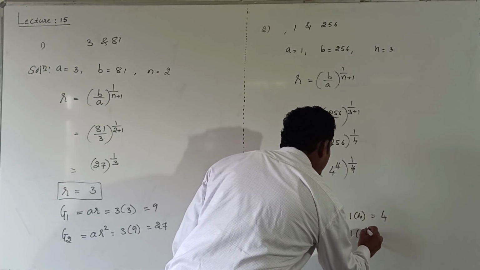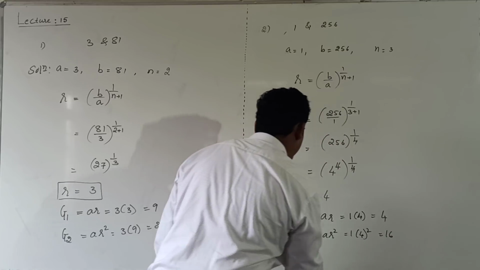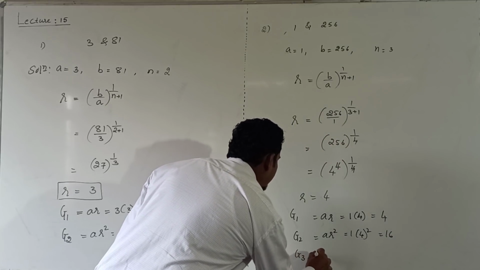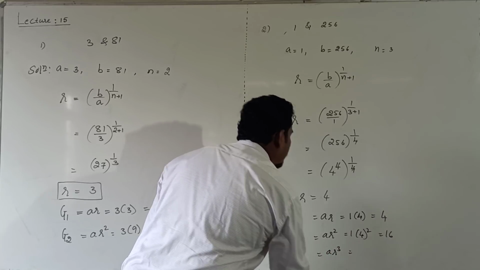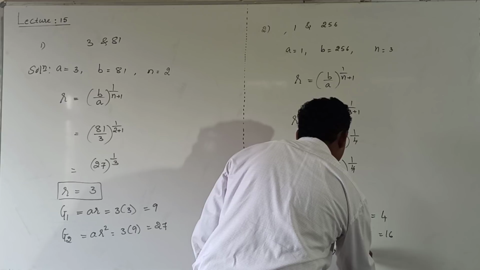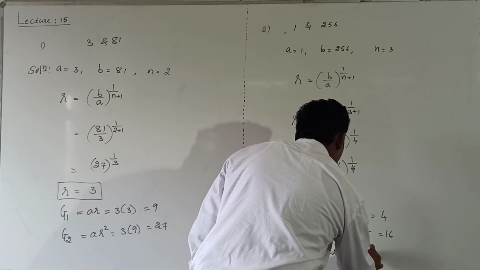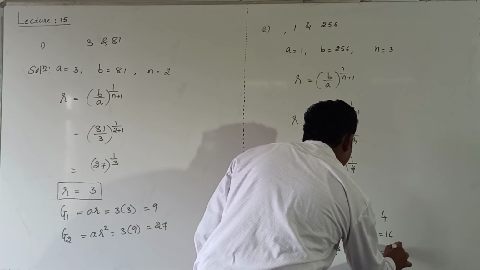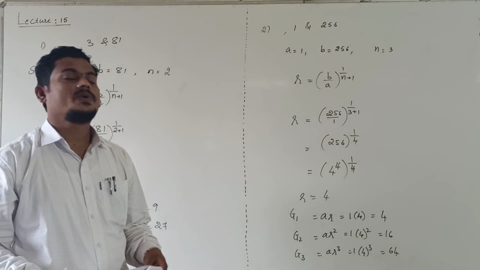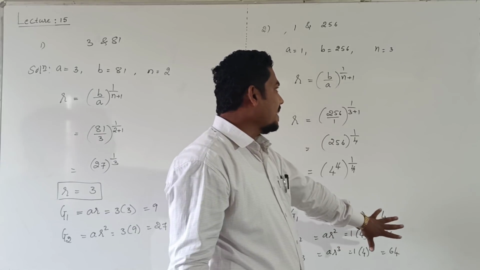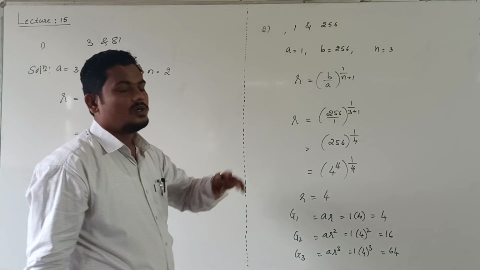R square is 4 square. That's equal to 16. Then inserting number 3. G3 equal to a into r cube. That's equal to 1 into 4 cube. That's equal to 64. 4 into 4 is 16, into 4 is 64. These are three numbers between 1 and 256.